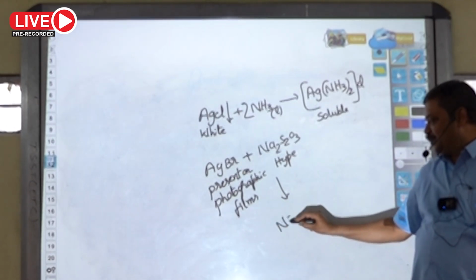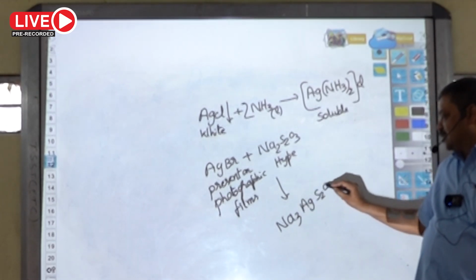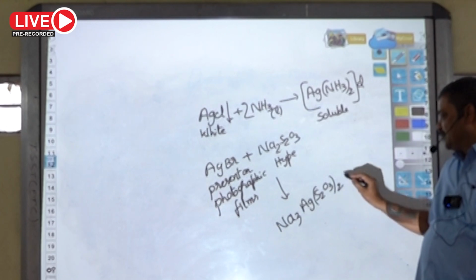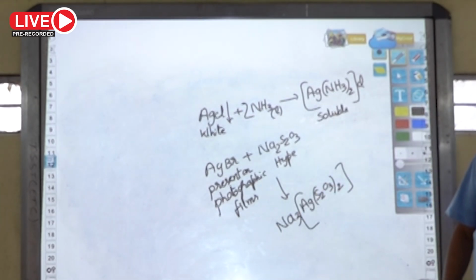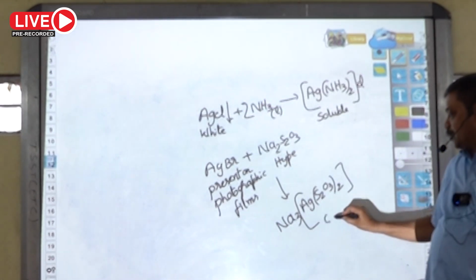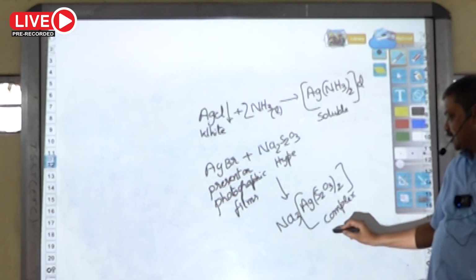So Na3[Ag(S2O3)2], sodium argentothiosulfate, a soluble complex.